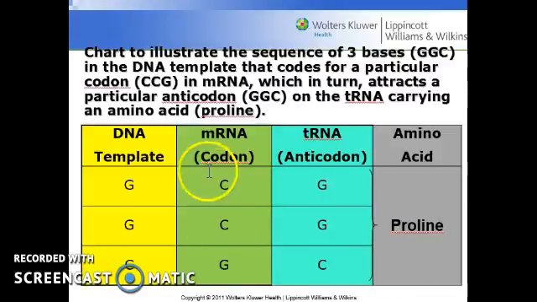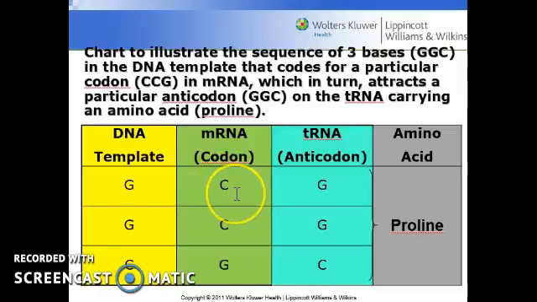So one example of how this coding takes place is, let's think of a DNA template and the codes that are in that template. Okay, so we just have a standard guanine, another guanine, and another cytosine. When this particular code is transcribed into messenger RNA, guanine is replaced by cytosine.